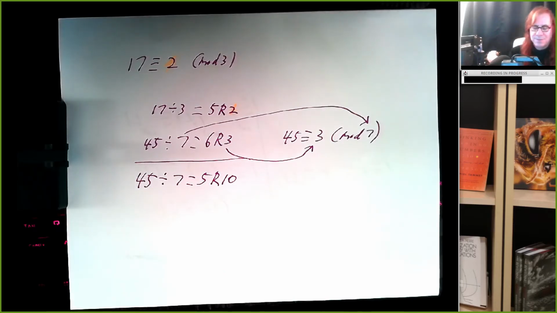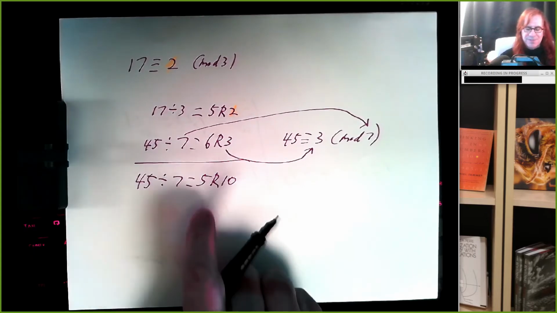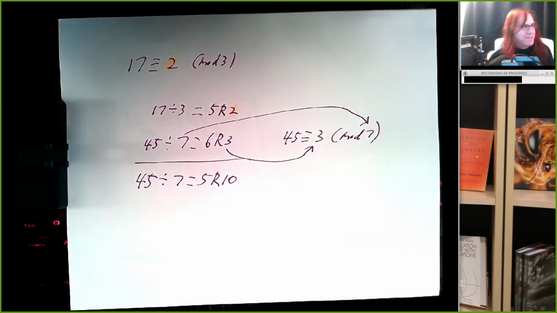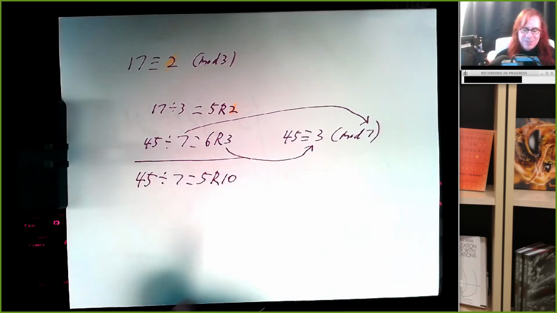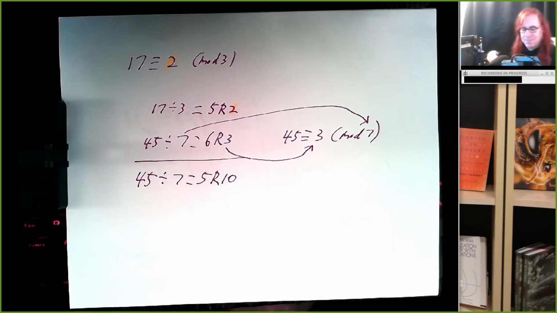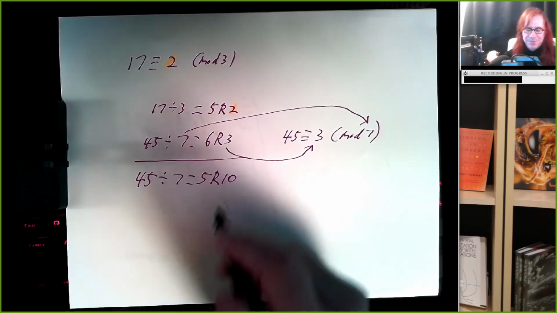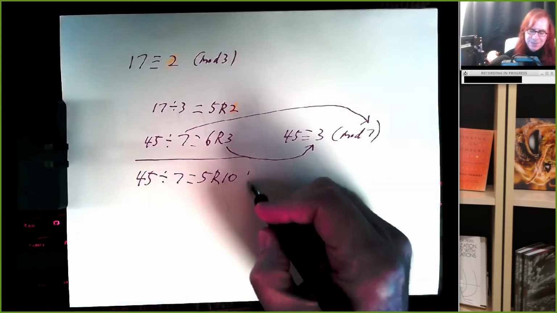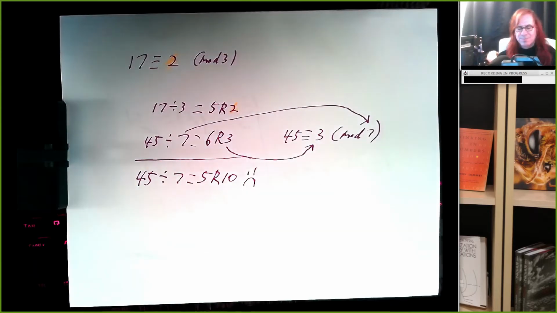It's true. 7 goes into here 5 times, and you've got 10 left over. 5 times 7 is 35, and you got an extra 10. But if you write this, your teacher gives you the frowny face on your paper.